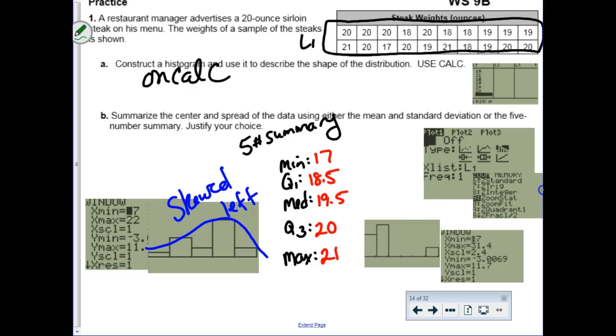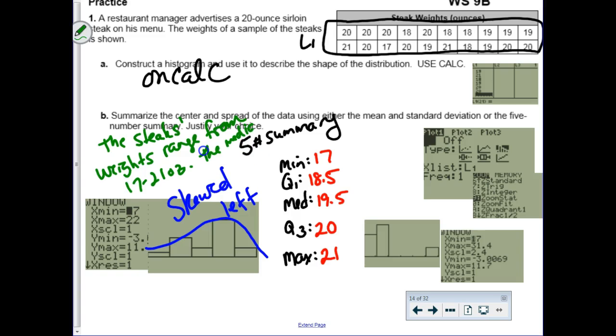So when I go to make claims about my data, we're going to steal the kind of claims that they made on the previous airport question. That the data, what are we even doing here? 20-ounce sirloin. Okay, so the steaks' weights range from 17 to 21 ounces.